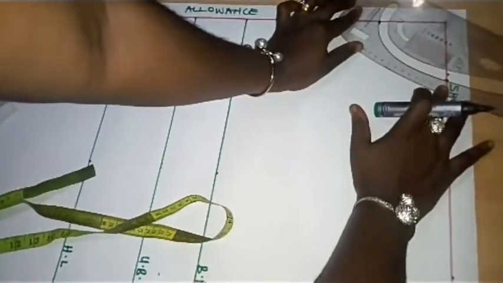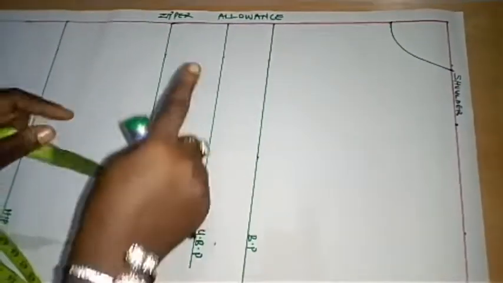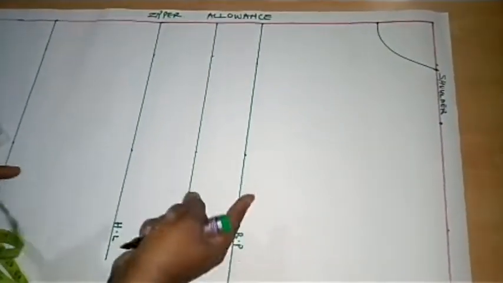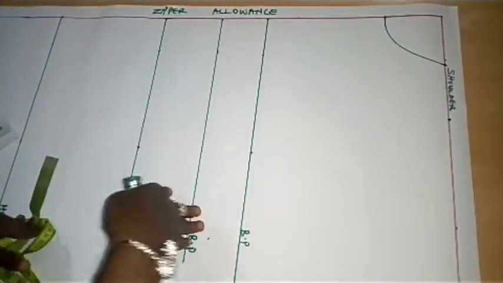And at this point, I'll be squaring my line. This is my front neckline. Like I said, I'm going to draft both my front and my back bodies. So as I'm drafting the front, I'm drafting the back as well.